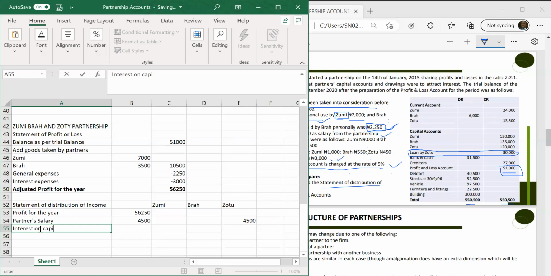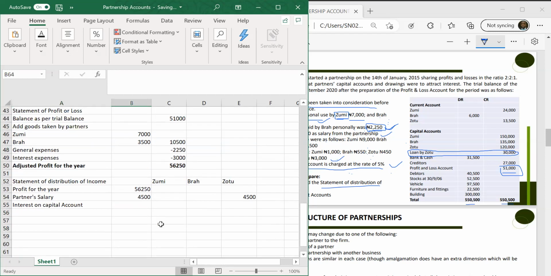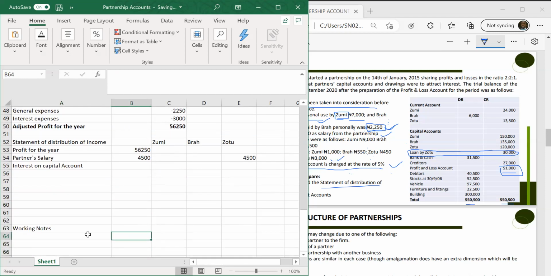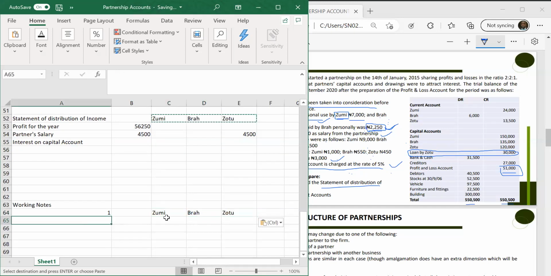We can quickly do a small note here and call it working notes. Working notes one. We've done something like this earlier, right? Yes. Zumi, Bra, and Zotu.